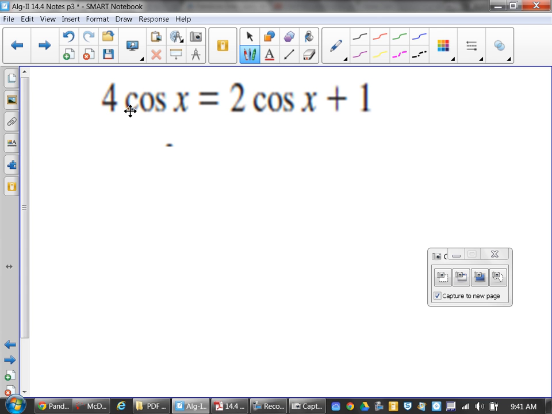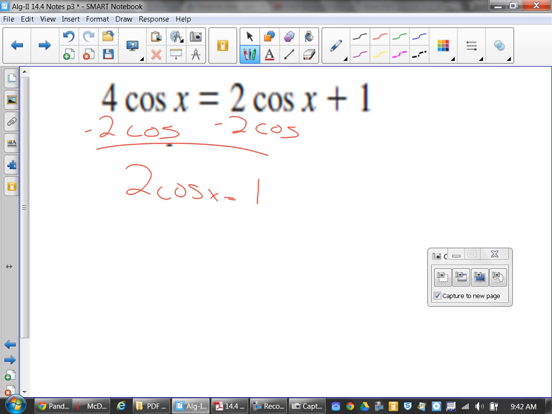So we have 4 cosine x equals 2 cosine x plus 1. What are we going to do first? All right, everybody's saying subtract the 2 cosine x. So if I subtract the 2 cosine, I wind up with 2 cosine x equals 1.